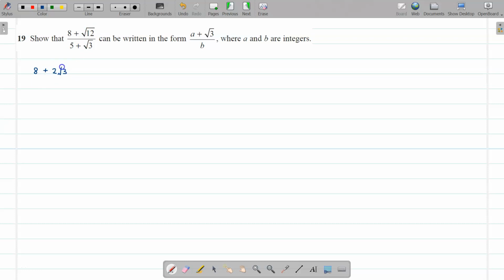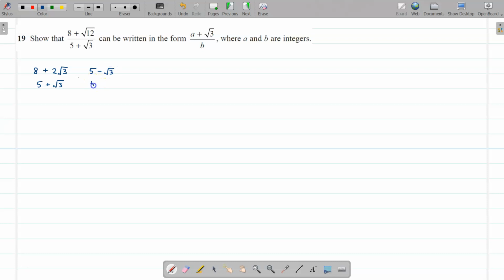You should always write surds as simply as possible, and the bottom is going to be 5 plus root 3, but what I'm now going to do is multiply that fraction by what we call its conjugate, which is 5 minus root 3 over 5 minus root 3.